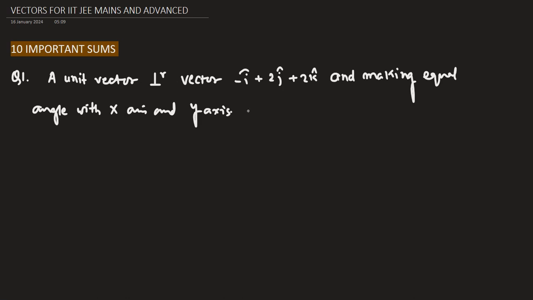The question is clear. One unit vector is there, that vector is perpendicular to the given vector, and that unit vector makes equal angle with the x and y axis. So first of all, let us try to understand what the question says. This is our x axis, this is y, and this is z axis.